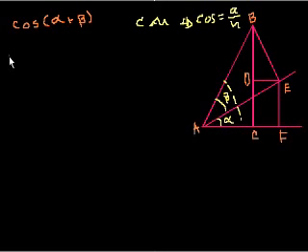So that equals the length of line AC over the length of the hypotenuse, which is AB. So AC over AB. Now let's see what we can do with this.